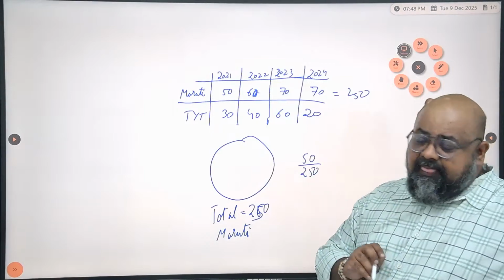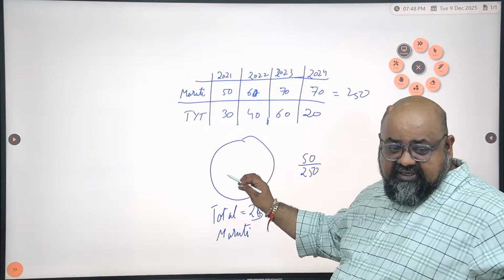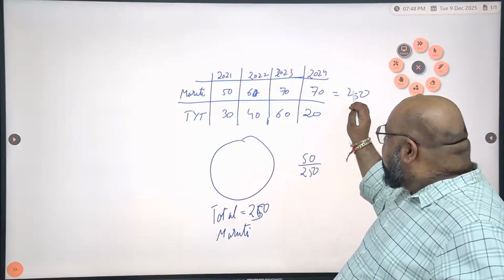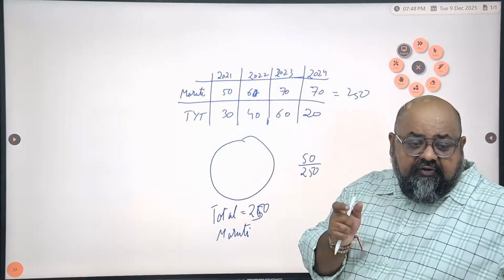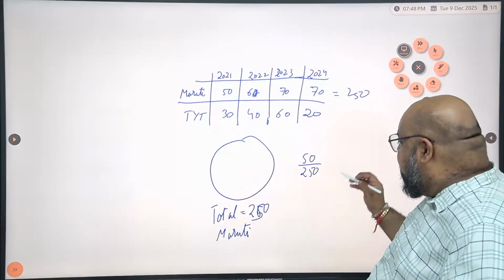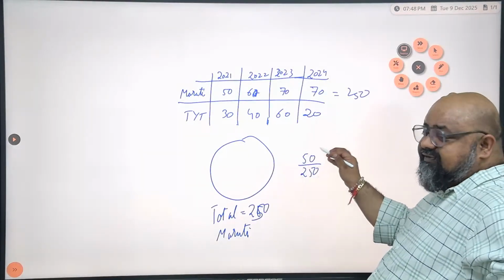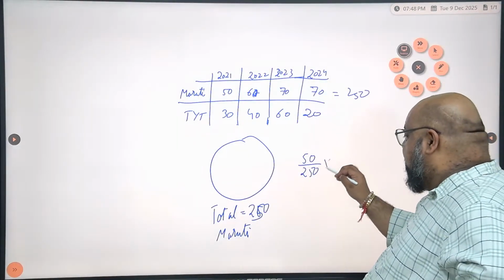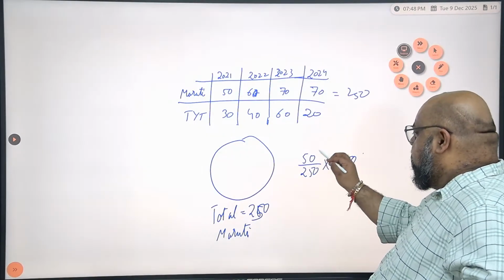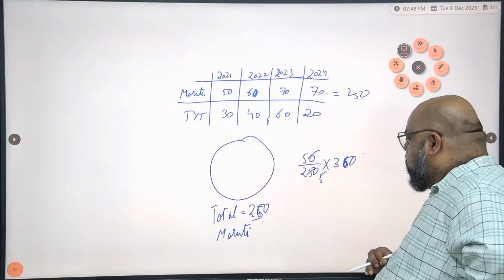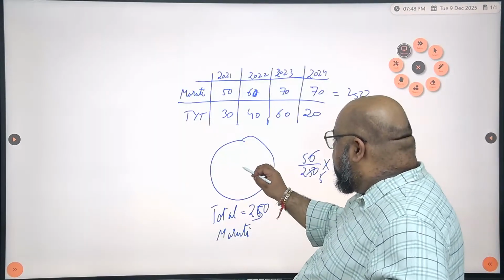Now the thing is, this entire circle is 360 degrees, which represents 250 sales. Out of that 250 sales, 50 is in 2021. So we'll find the corresponding angle. So I'll say 2021 is 50 out of 250 of the entire 360 degrees. This is 1 by 5. So 1 by 5 of 360 will be 72 degrees.